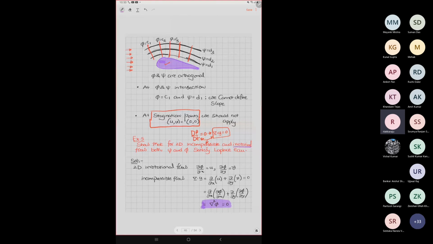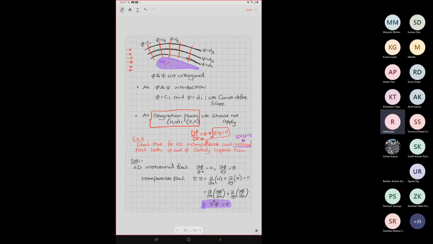Irrotational means you should not have any rotation for a fluid particle. That means your rotation rate tensor is supposed to be 0, and its principal components, what we have seen, the vorticity del cross u is equal to 0. If that happens, we call it an irrotational system. Usually inviscid systems, that means no viscous effects, behave more like irrotational, though they are completely different things.